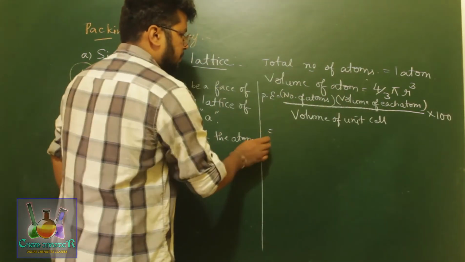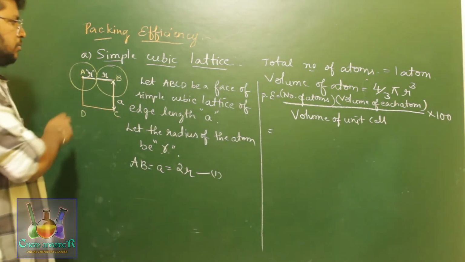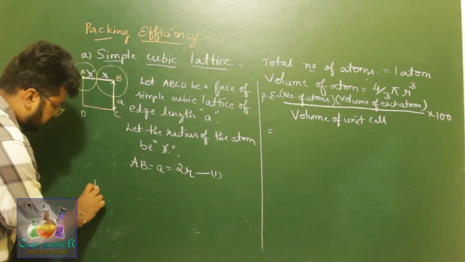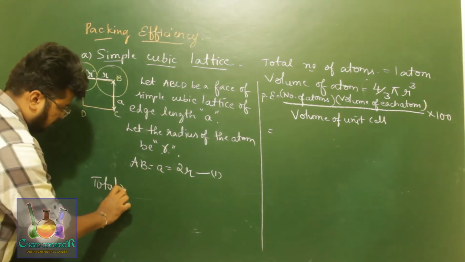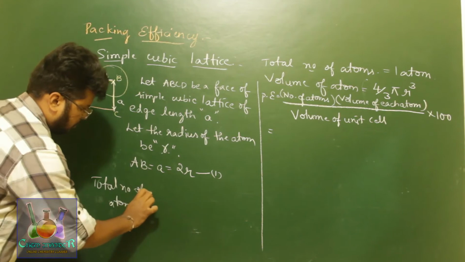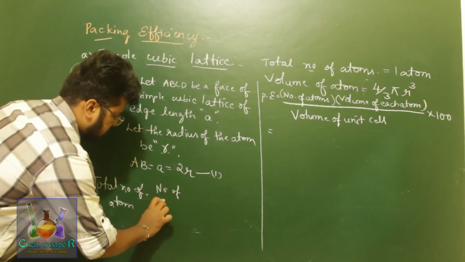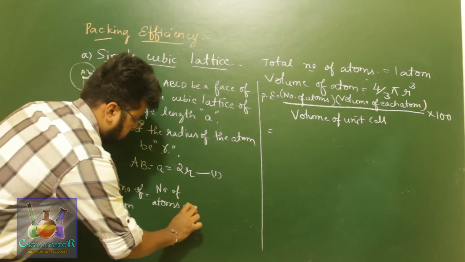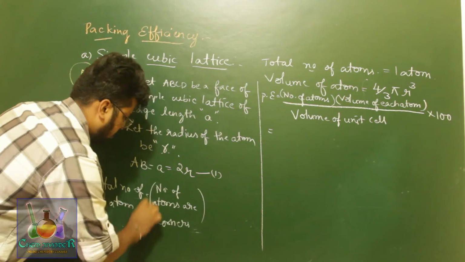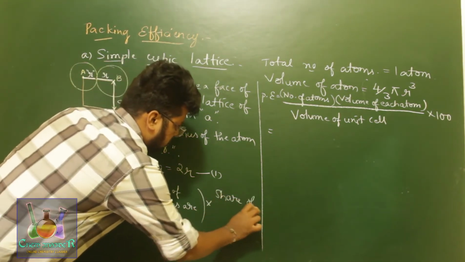The number of atoms present in a unit cell of a simple cubic lattice is given by number of atoms at corners into share of each unit cell.